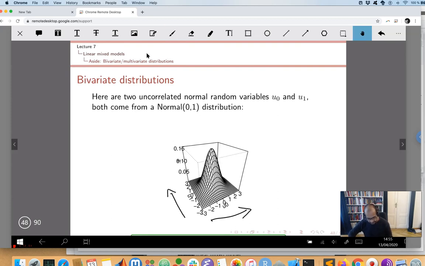What I've done here is I'm plotting a variable called U0 and U1. What I'm trying to get you to visualize is a situation where you have different intercepts for each subject and different slopes for each subject, and one possible outcome could be that the intercepts and slopes could be positively correlated.